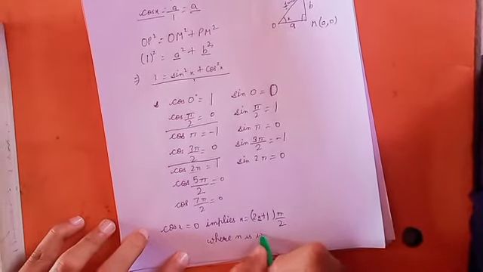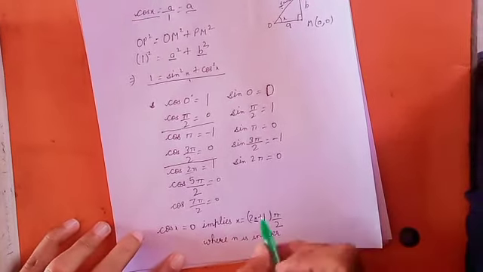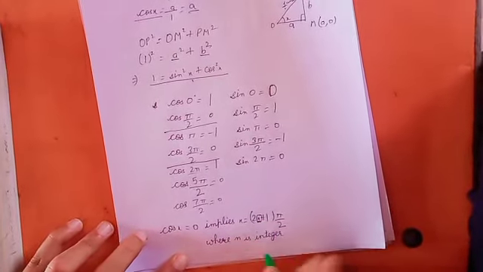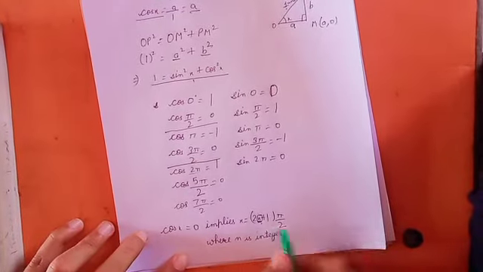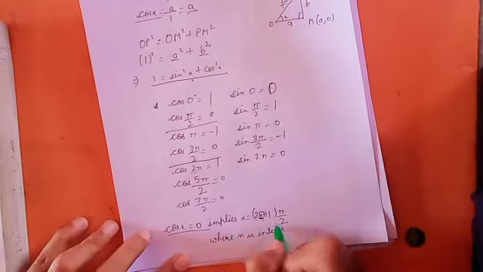So it means that for any integer value of n, we will get cos x equal to 0 for x equal to this.